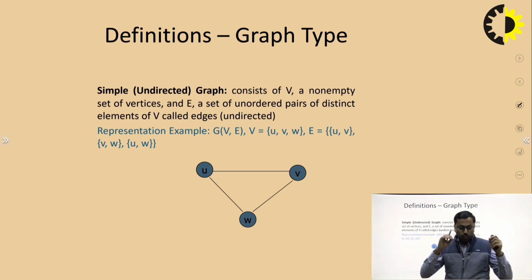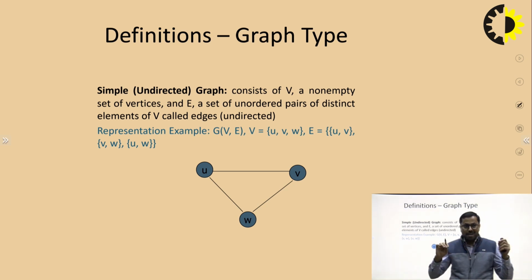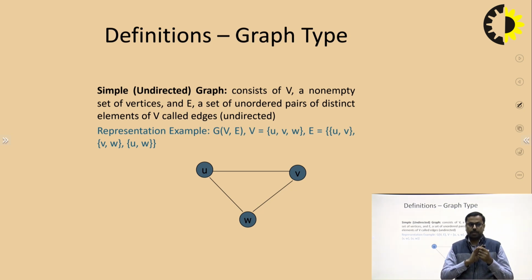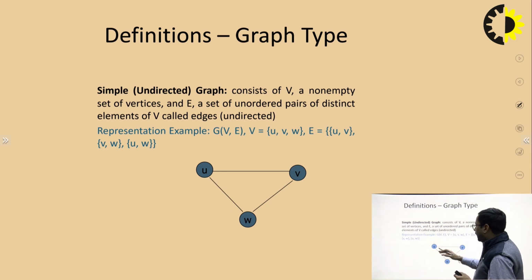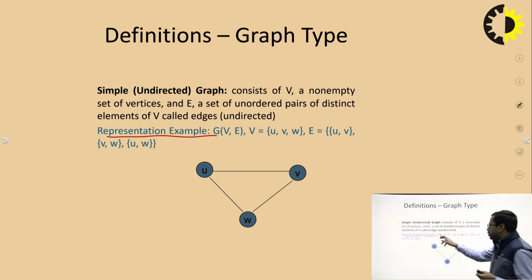That means for two vertices, not more than one link is available. We can represent such a structure as G equals (V, E), where V is the set of vertices and E is the set of edges.